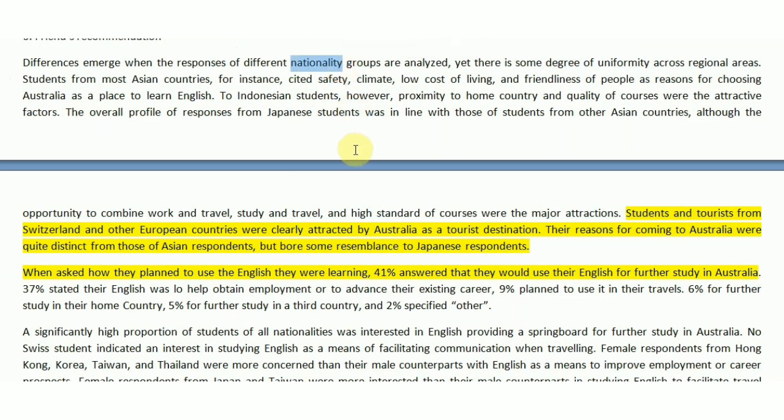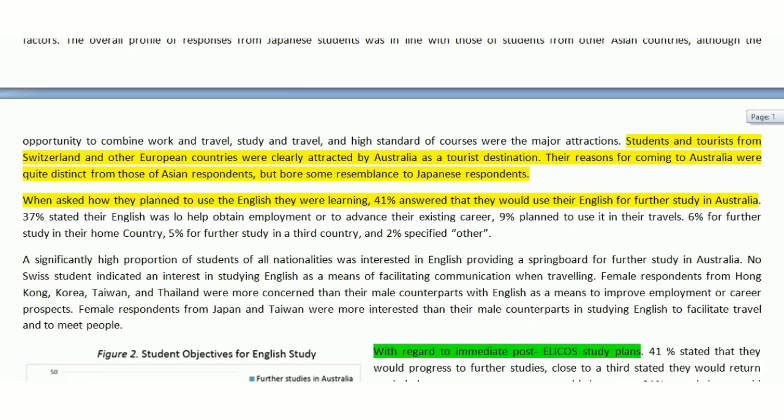Yes, they are talking about nationality because they said students from Asian countries, then two Indonesian students, and then students and tourists from Switzerland and European countries, then Asian respondents. So they are talking about nationality. They are just dividing the students according to their country or nation. So maybe this should be our answer, because this is the criterion that is not given in the question. The criterion which is given in the question is gender.